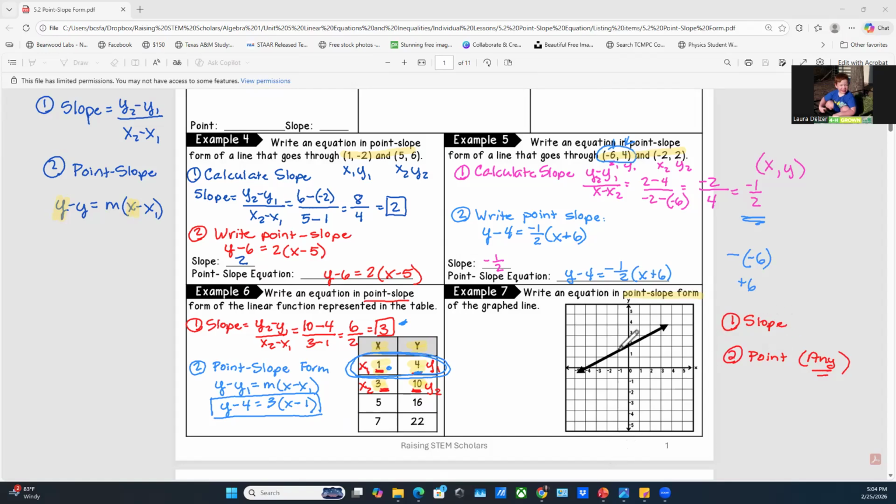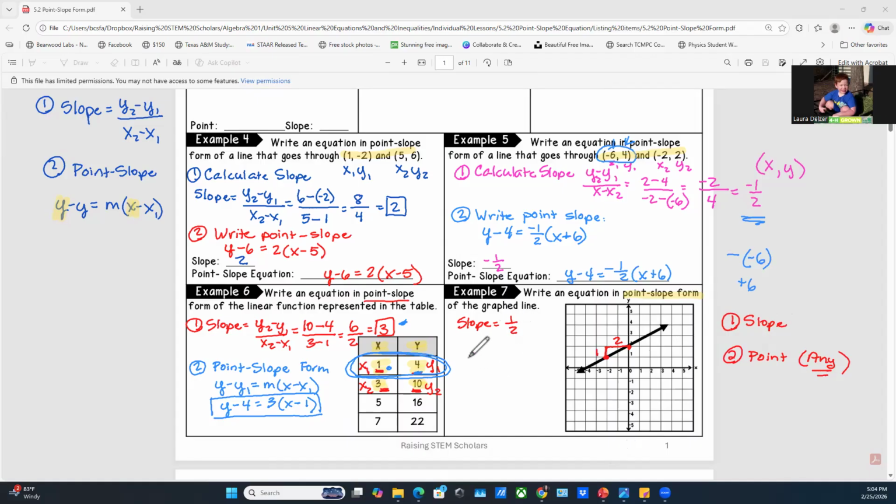So for my slope, I'm just going to pick where it crosses, like a hash mark. I can see it crosses here and it crosses here. So that is up 1 over 2. So my slope is 1/2.